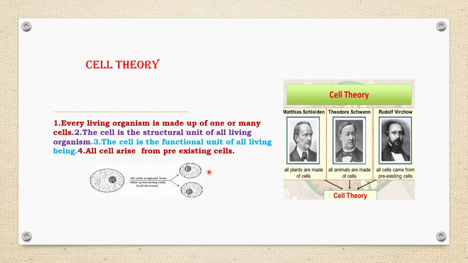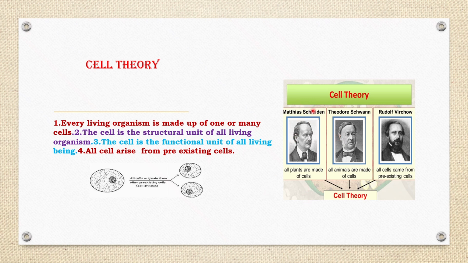Now we study the cell theory. What is this cell theory? Who is behind this? What have they said? So three scientists, look here. These three scientists gave this cell theory. First, these two scientists, Mr. Schleiden and Mr. Schwann, proposed cell theory together in the year 1838.